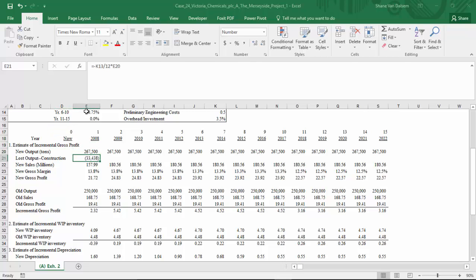Year 1, we're going to have some construction going on, so we're going to lose some output. But these are the incremental sales, new gross margin, new gross profit. The old output, the old sales, the old profit, and this is the estimated incremental cash flow from gross profits for each year of the project.